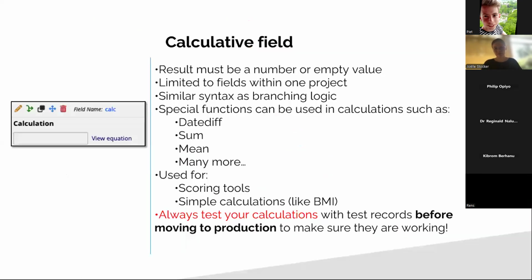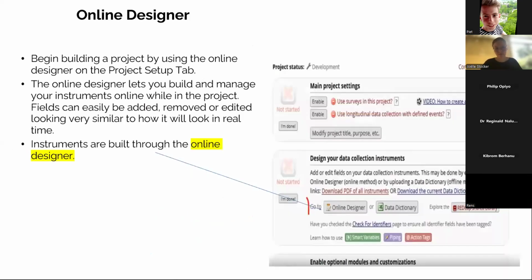The other feature is we can use the calculated fields. They can help us calculate BMI, mean, sum, and other features. So as we go to the field work, we should always test our calculations, whether they are working as best as possible or not. Before we go to the field work, we must check all this.